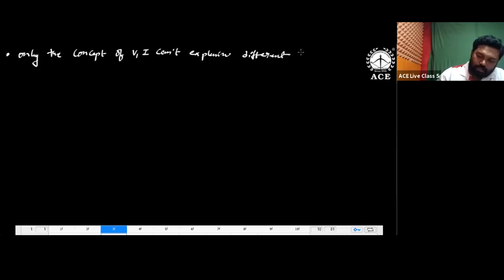Only the concept of voltage, current can't explain different aspects of electrical engineering. What are the different aspects of electrical engineering?